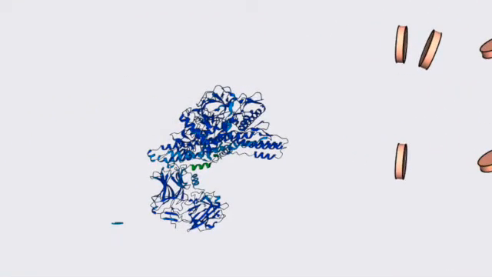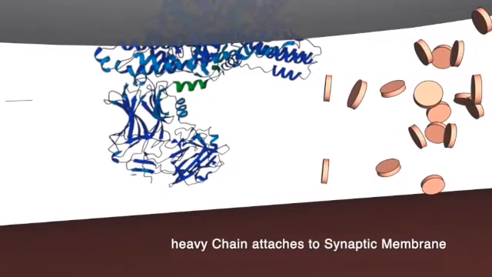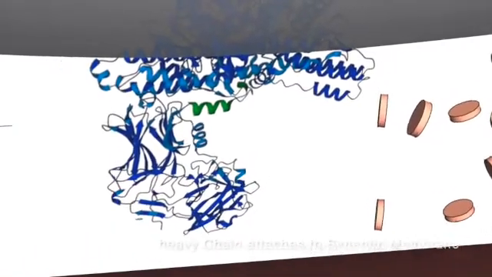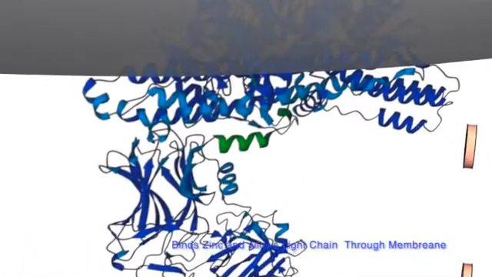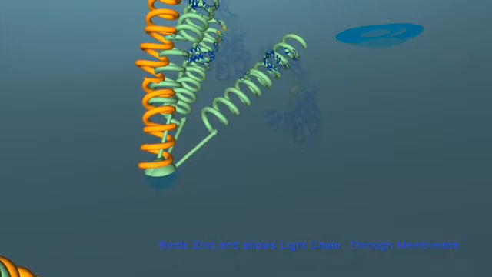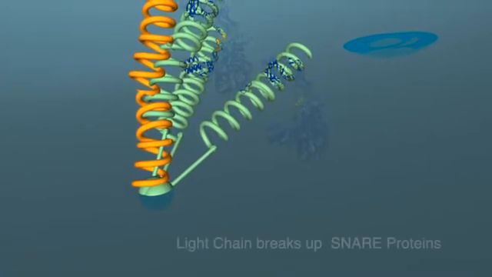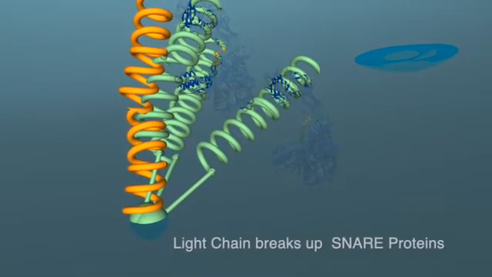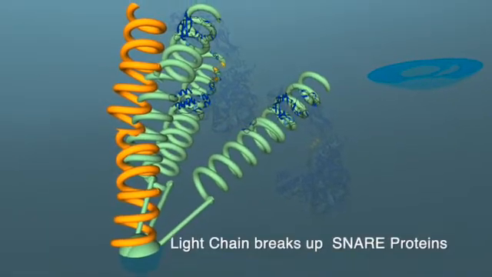Now, the heavy chain binds to the synaptic membrane and then binds zinc in the synaptic membrane, allowing a gap for the light chain to pass through the synaptic membrane, and the light chain then attacks the snare proteins and breaks them up or cleaves them.